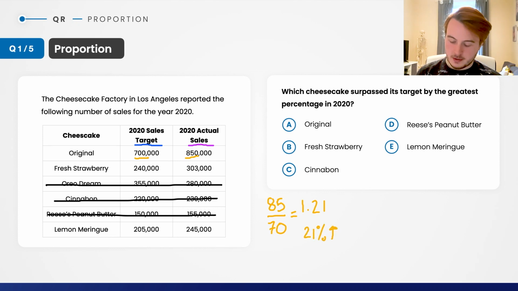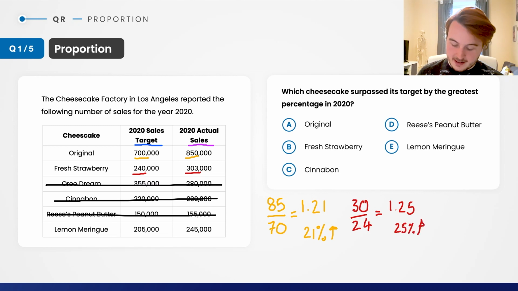Fab, so 21% increase. For the second line of our table, fresh strawberries, let's take that 303 over 240. So we're just going to round that to make it a bit easier and do 30 over 24, which hopefully you can immediately see is going to be 5 over 4, which is going to be 1.25. So that 1.25 is going to be the same as a 25% increase.